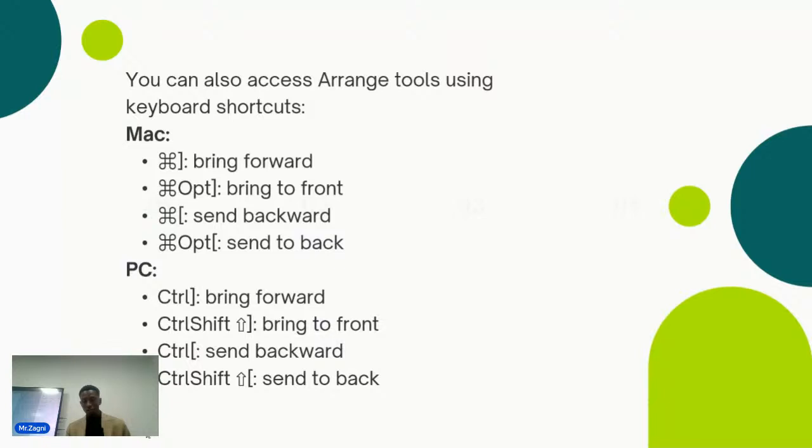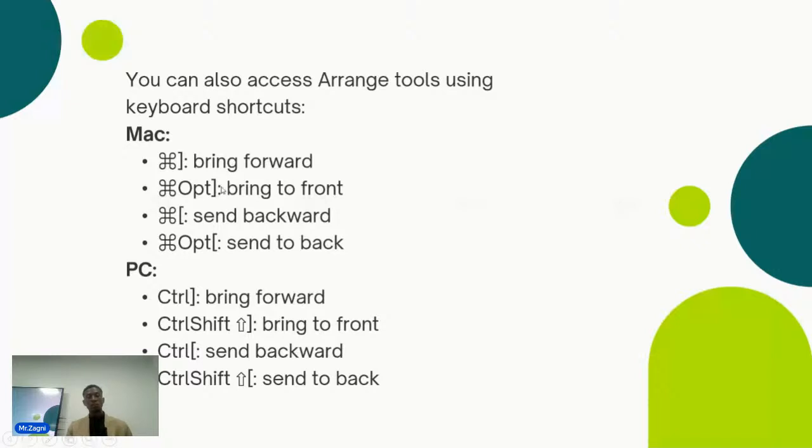Okay, that's right. You can also access the arrange tools using keyboard shortcuts: bring forward, bring backward. The shortcuts on your keyboard are these signs that you're seeing here. This one is for Mac.